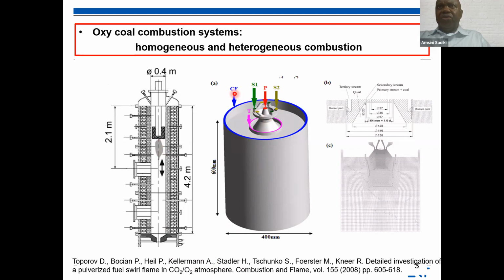We have different nozzles. The particles are injected here. We have two parallel injectors, and another one here. I will show you in the next slide. And this is the grid we generated.